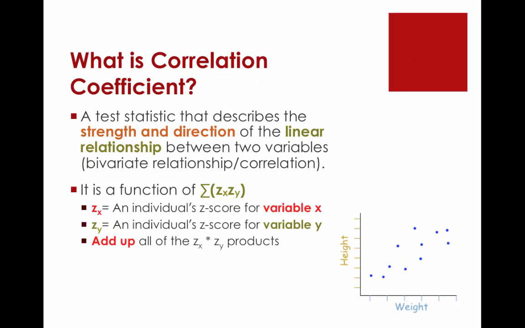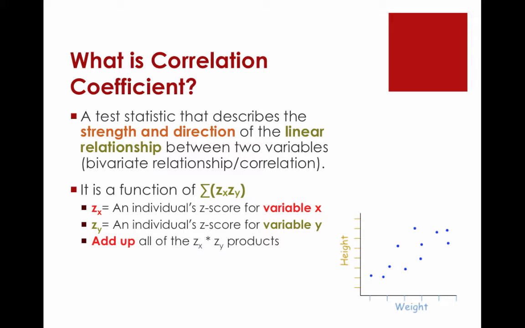What is correlation coefficient? Well, it is a test statistic. So a statistic, right? Think about statistic versus parameter. Correlation coefficient is a test statistic that describes the strength and direction of the linear relationship between two variables. So let's break this down a little bit.